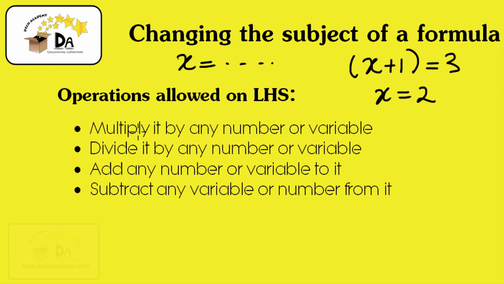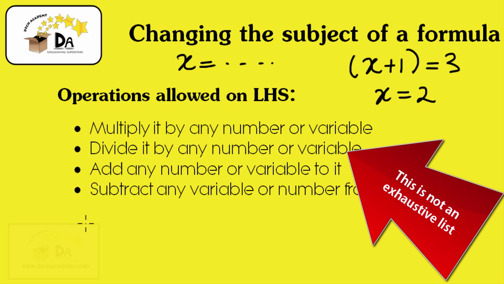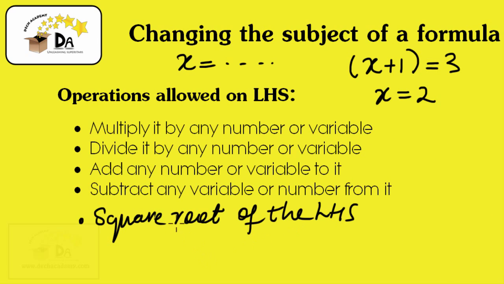But there are only some operations that are allowed. Now, you can multiply by any number or variable. You can divide by any number or variable. You can add any number or variable, and you can subtract any number or variable. And even others, for instance, you can take the square root, and there are many more operations, but these are the most common ones.